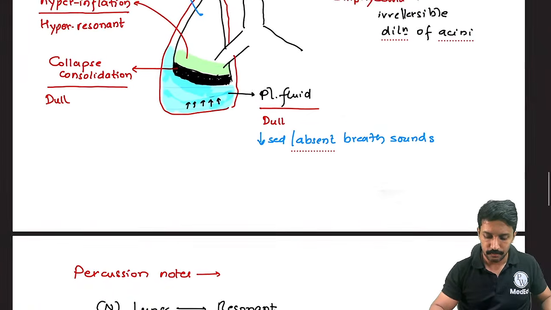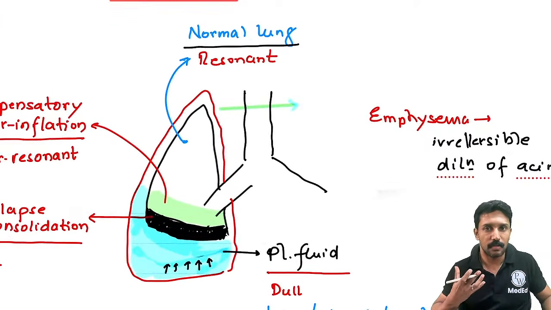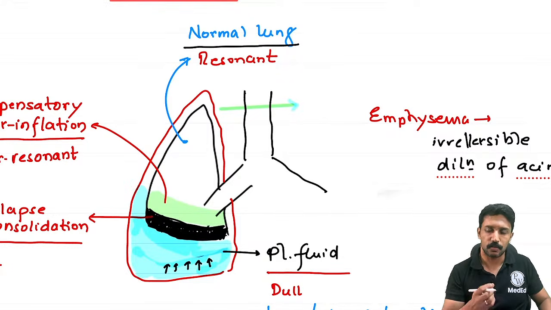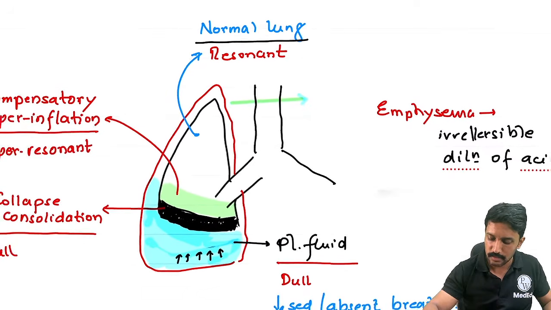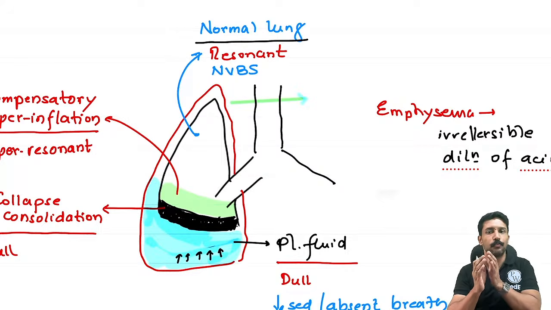On the other hand, if I auscultate a normal lung where there is no fluid, the lung is not collapsed, everything is fine, we will have normal breath sounds. And what do we call normal breath sounds? They are called normal vesicular breath sounds.